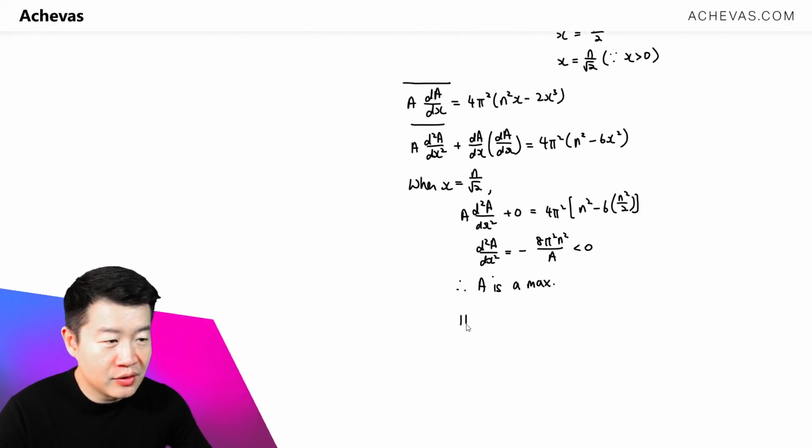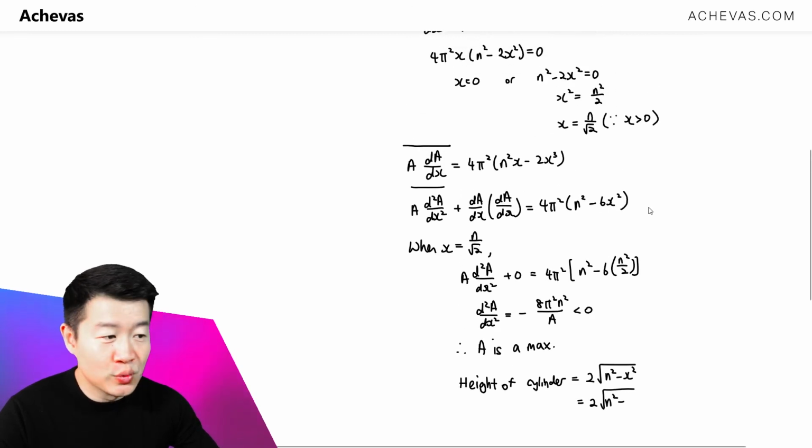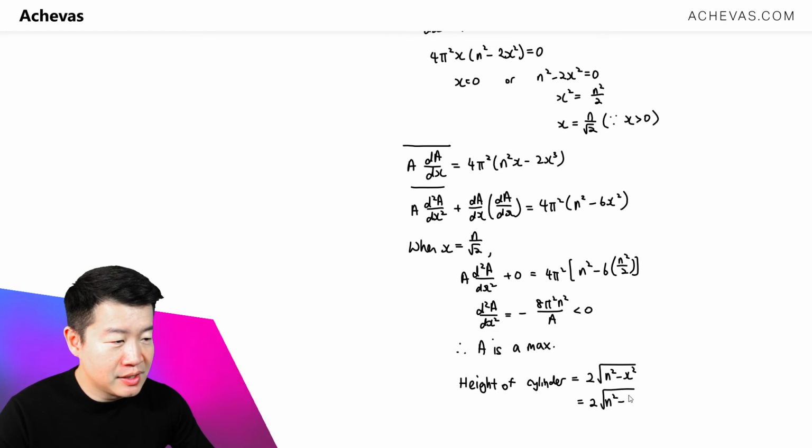So let me quote the height of the cylinder here. The height of the cylinder, this height is going to be 2 times of square root of n² minus x², and x² is n² over 2. So this is going to be minus n² over 2, which will give us 2n over square root of 2.